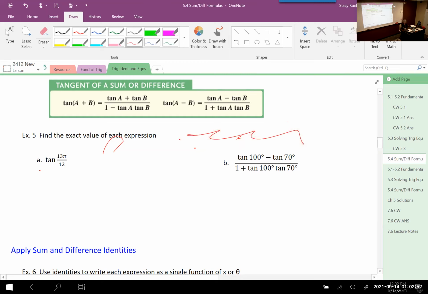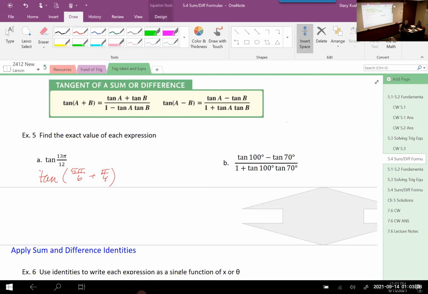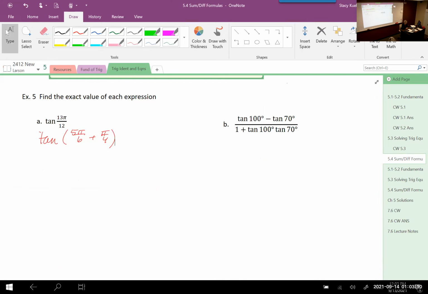Okay. Tangent of 5 pi over 6 plus pi over 4, add together to give me what we want, the tangent of 13 pi over 12. Okay, so those are the two numbers that I'm dealing with.